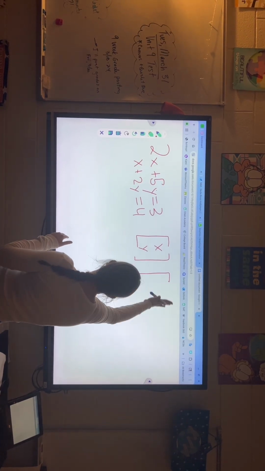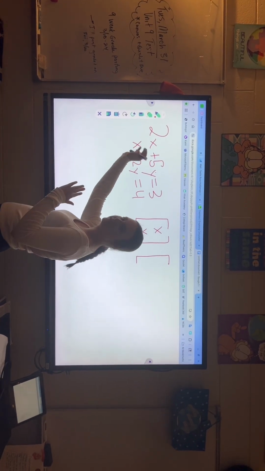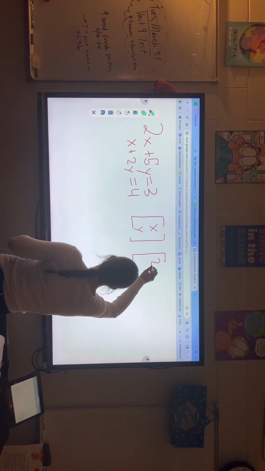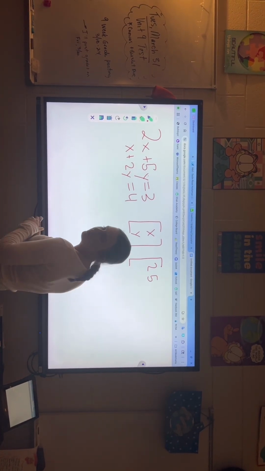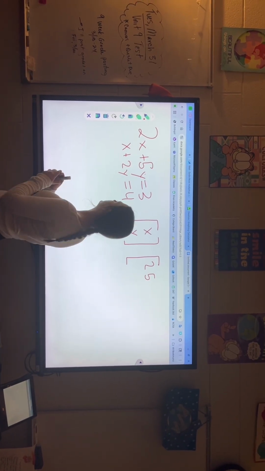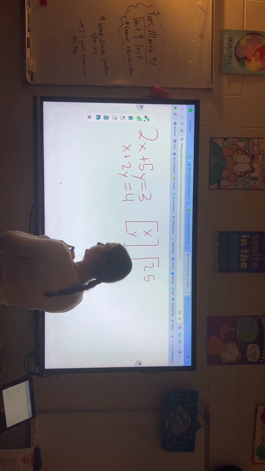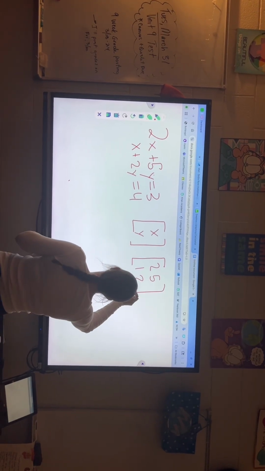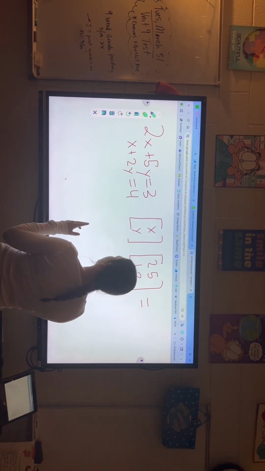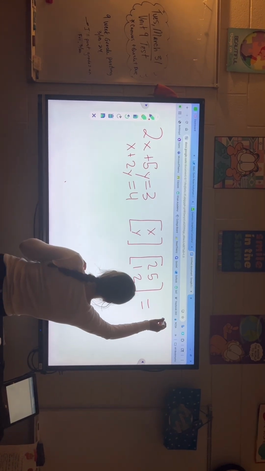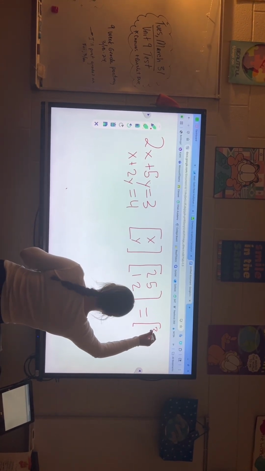The first column is going to be 2 and 5, since those are the numbers next to X and Y. Our next row is going to be 1 and 2. Lastly, our third matrix is the outcome of these two equations, which is going to be 3 and 4.